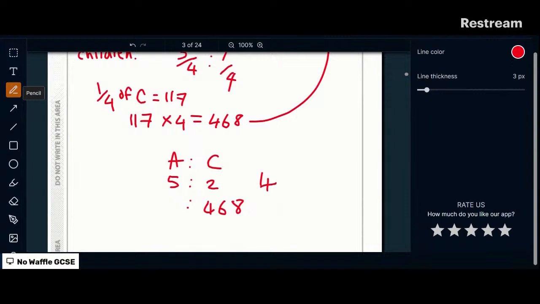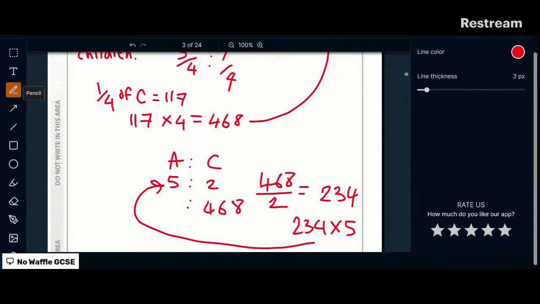So 468 divided by 2 is 234. And then you can do 234 multiplied by 5 to get to this adult's value here. And that is 1,170. So that's how many adults.